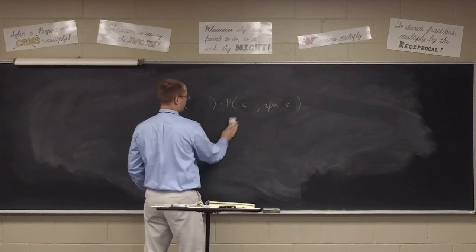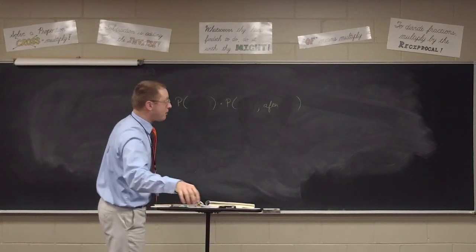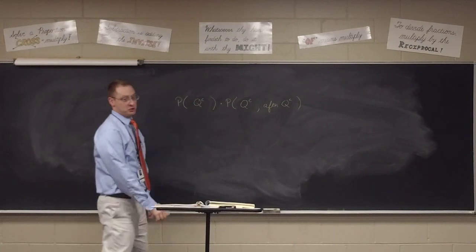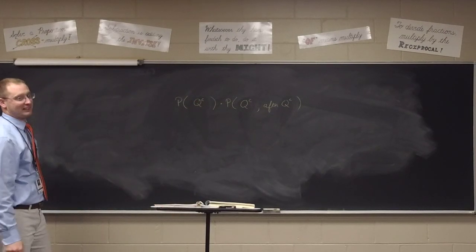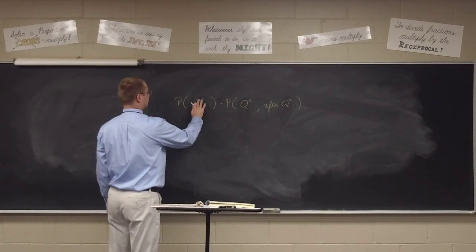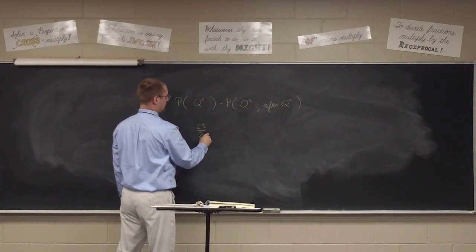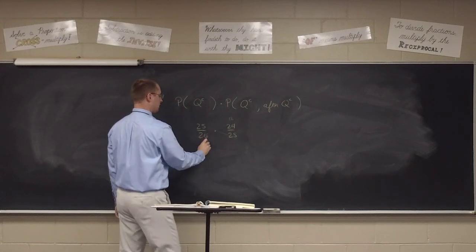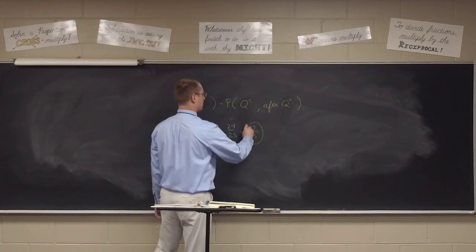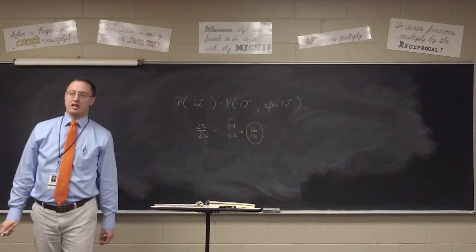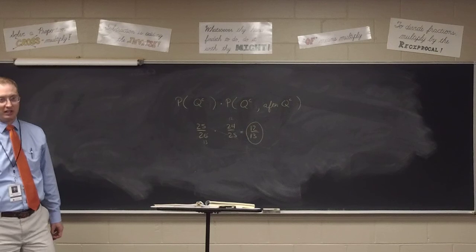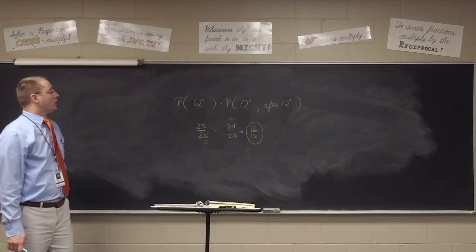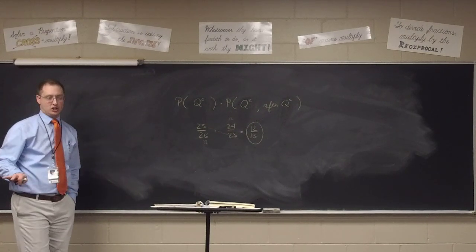Probability of not Q. So again, we would say the complement of Q. And then the complement of Q after already getting the complement of Q. I'd say the odds are in your favor, wouldn't you? 12 to 13 chance you're not getting a Q on either draw.